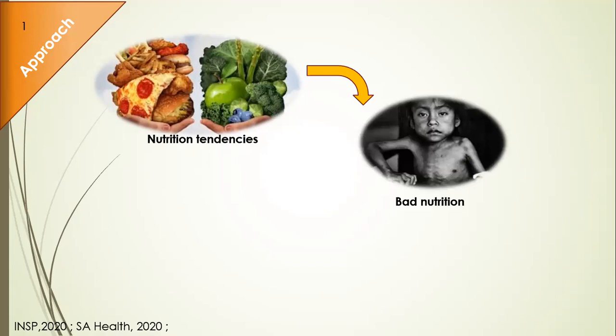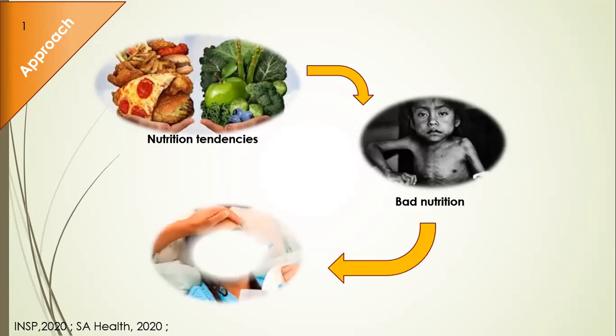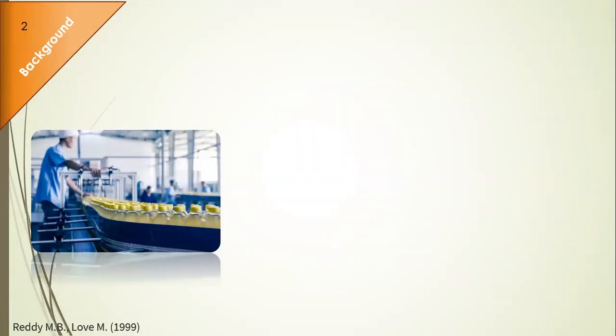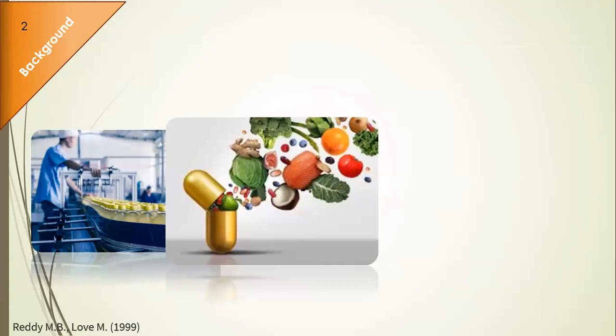And this bad nutrition can also lead us to illnesses that are not limited to obesity or malnutrition, but can also lead to some heart conditions, blood diseases, and tissue diseases. And to prevent that, the food industry is adding vitamins, minerals, and other molecules that can help our bodies stay healthy.